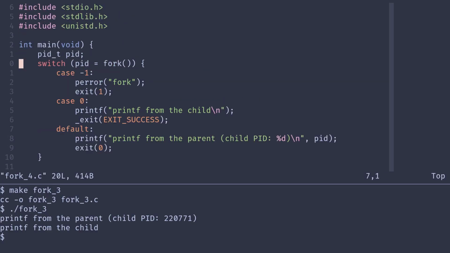You'll see this a lot in the textbook if you're reading it, and in the code you're writing, you might want to use this because it looks pretty clean to me. So the idea is we just set up different cases for each kind of result that fork could return. And we're assigning to PID inside the switch directly, so we can access the PID value later.